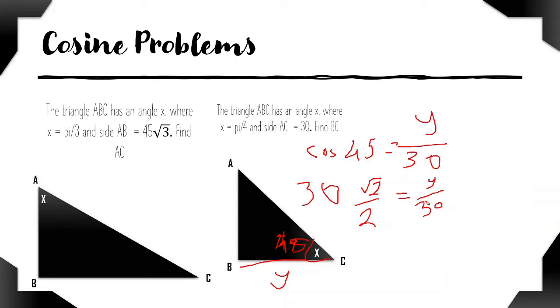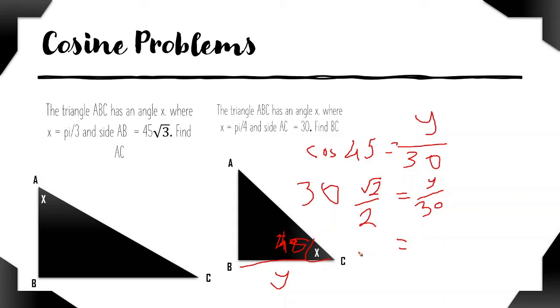Therefore, we want to simplify this even further and isolate y and get the square root of 2 divided by 2 multiplied by 30. So the square root of 2 is equal to 1.414 and so on. Divide that by 2 and we get 0.707 and so on.